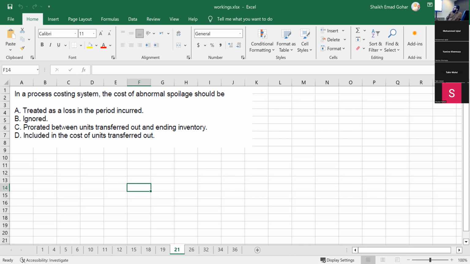So B cannot be the answer. Shall we separate it between finished goods and closing work in progress? Shall we include it in the finished goods? No, right. So what's remaining? It should be treated as a loss in the period cost, the period in which it is incurred. So the answer is A. Clear, everyone?